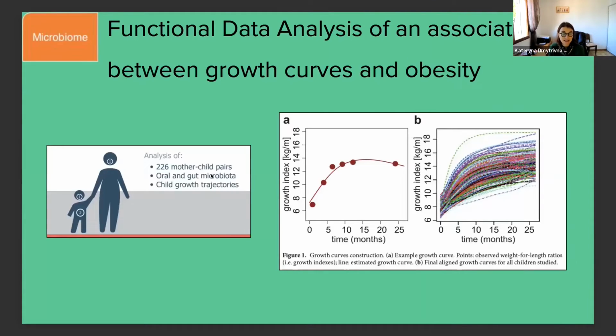And we analyzed 226 mother-child pairs for which we collected oral and gut microbiomes, and we built child growth trajectories.